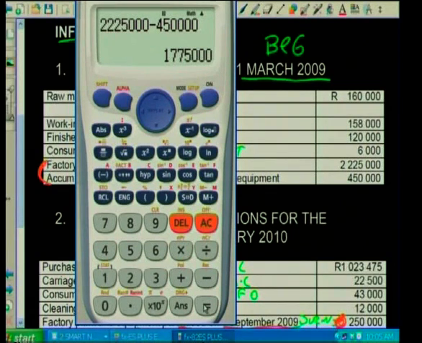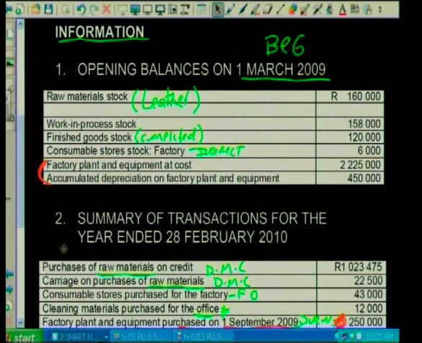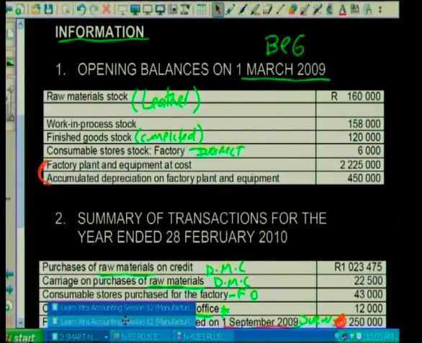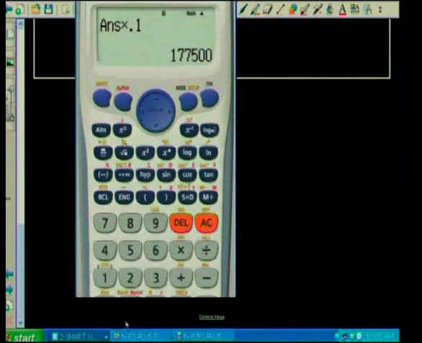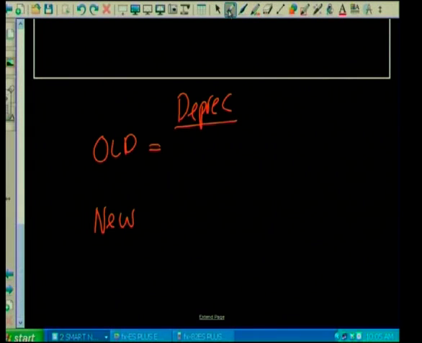We are then going to times this by 10% because we're depreciating by 10% to get a depreciation amount of 177,500. So let's take that through. Okay, so our depreciation, 177,500.